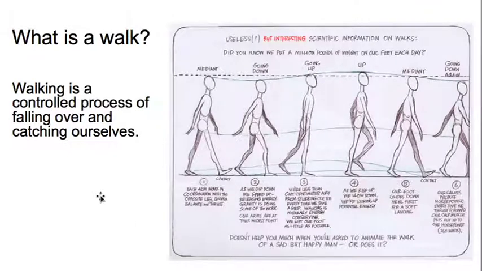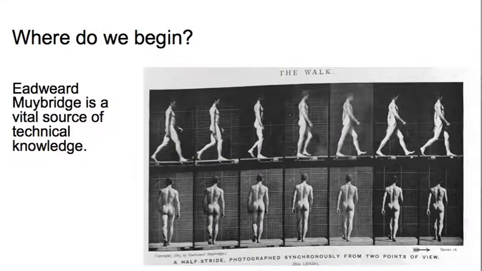Now, as with all kinds of human and animal locomotion, a great place to start is with Eadweard Muybridge. Muybridge, if you don't know his work, was a 19th century English photographer who pioneered stop-motion photography in California in the 1850s. And his work is still an amazing resource for us today.